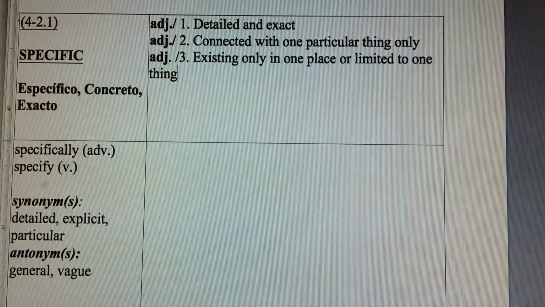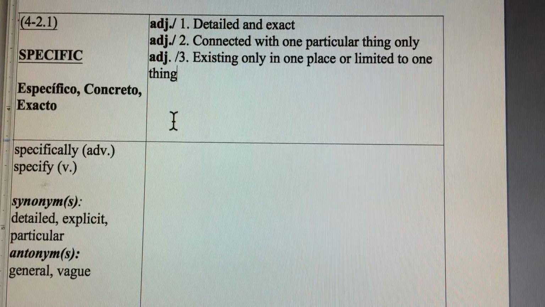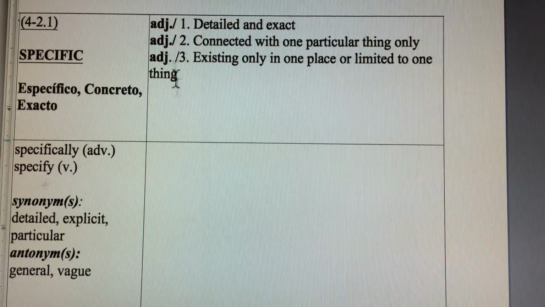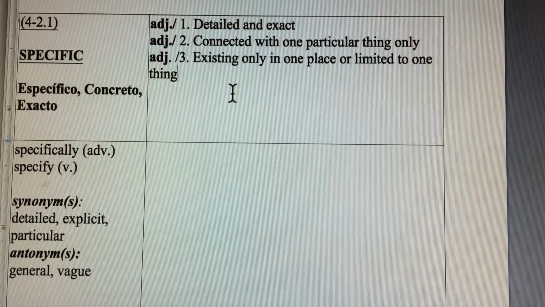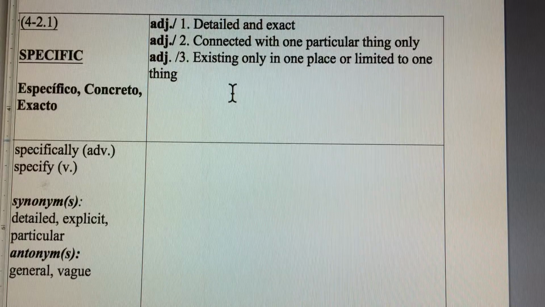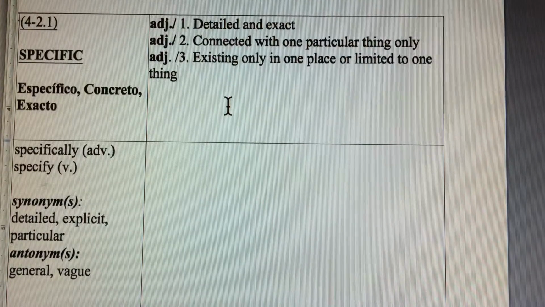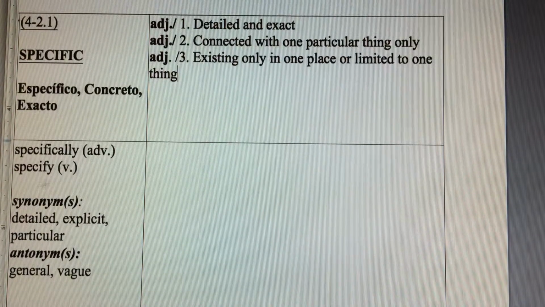All right, the third definition is existing only in one place. So it's similar with number 2, except this is specific to place, focusing on location. So something that exists only in one place or limited to one thing is also specific.